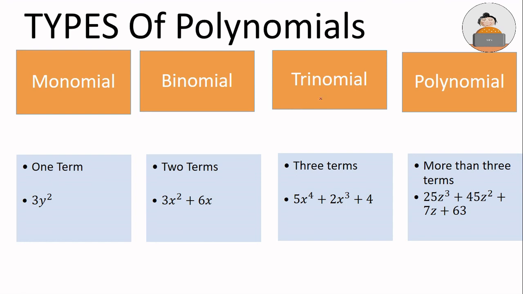Trinomial consists of three terms, for example 5x raised to power 4 plus 2x cube plus 4. And lastly, if an expression consists of more than 3 terms, then it is known as a polynomial. 25z cube plus 45z square plus 7z plus 63, this will be a polynomial.